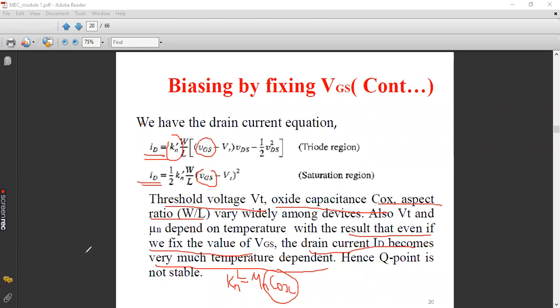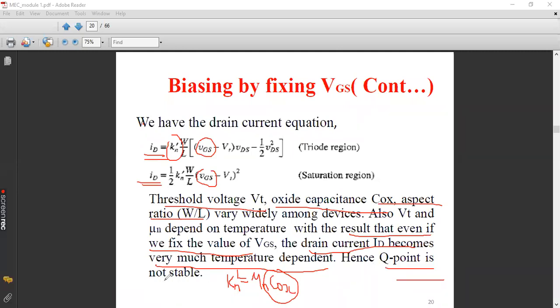Okay, so what will be the next reason? With change in temperature, ID will change. One is the device replacement: because of the device replacement, VT will change, capacitance will change, aspect ratio will change, and because of that, ID will change. Apart from that, ID also changes according to temperature variations. So when ID changes, you can say that the Q point is no longer stable.